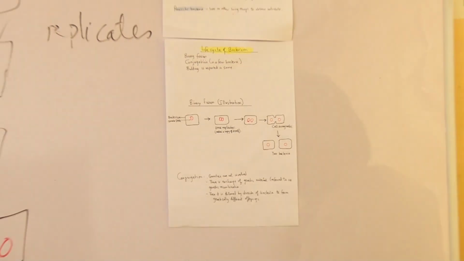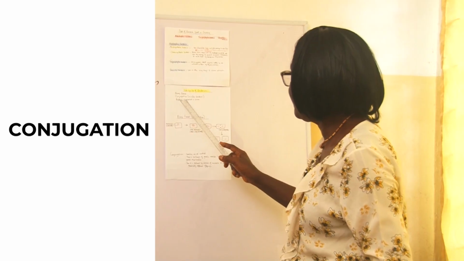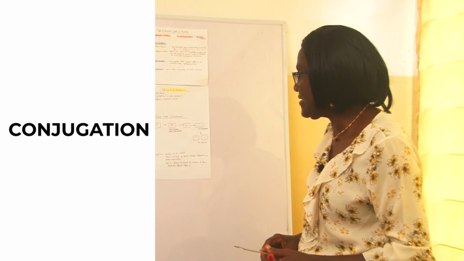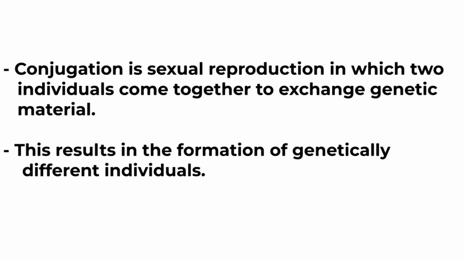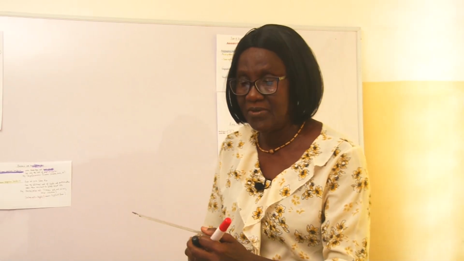Good. Now let's look at the next, conjugation, which happens in a few bacteria. Conjugation, simply, it means 2 individuals come together, exchange genetic material, then they move apart, and each one of them starts dividing to form new individuals. Simple.